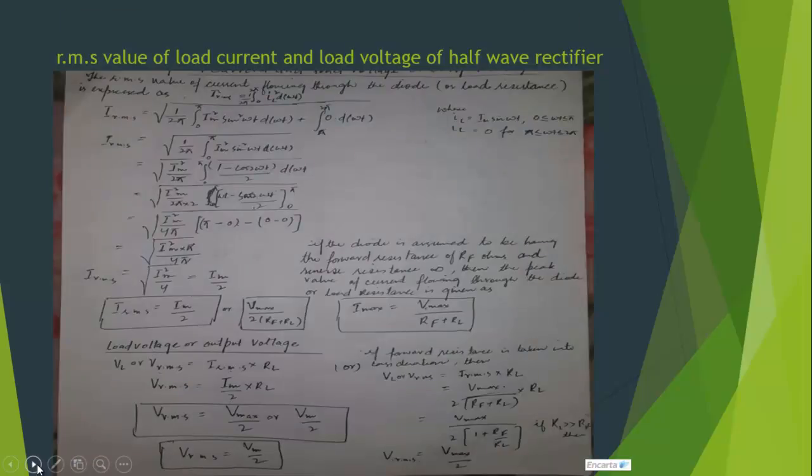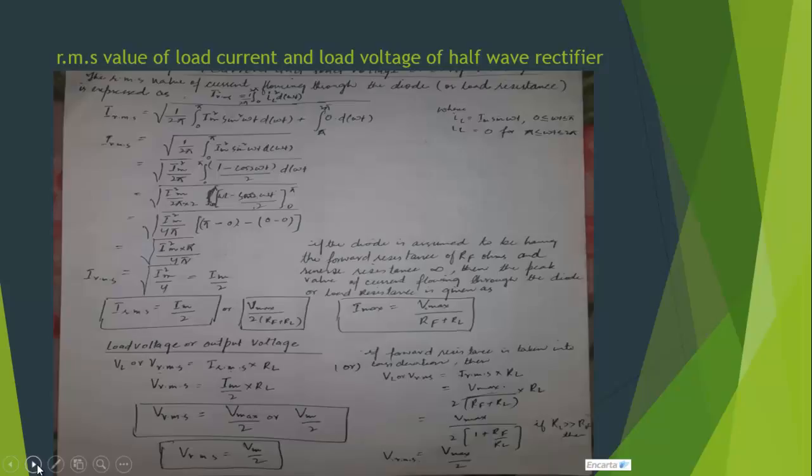Now coming to the RMS values of load current and load voltage of the half-wave rectifier. The RMS value of the current flowing through the diode or the load resistance is expressed as I square RMS is equal to 1 by 2 pi integration 0 to 2 pi IL square d omega t.